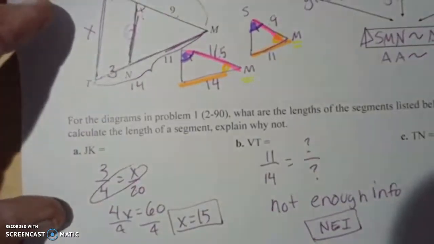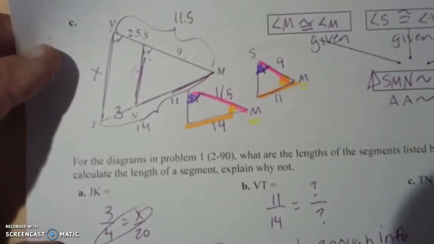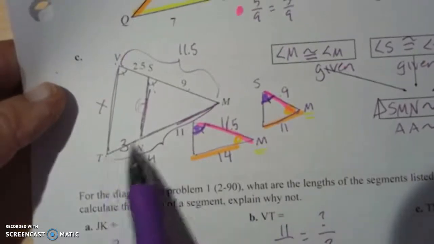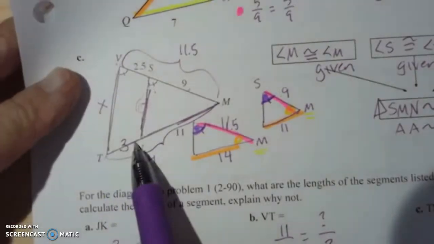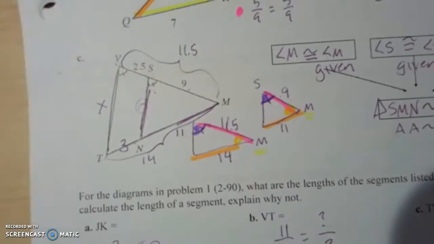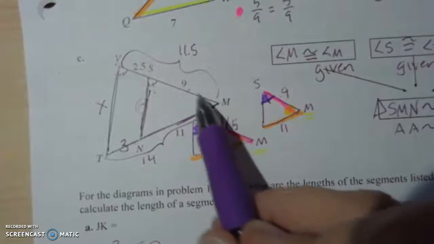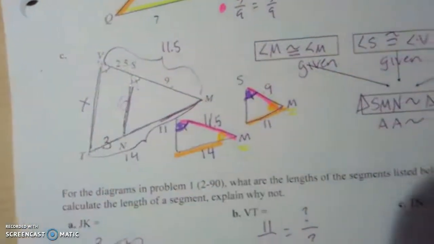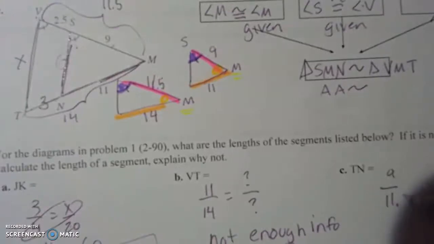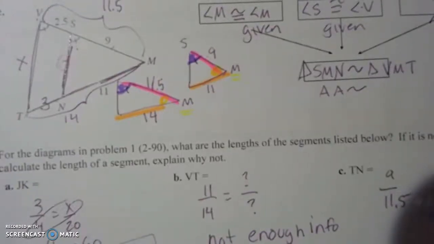But for our next one, we do have enough information. We want to know what TN is. I already said that it was 3. If I do 9 over 11.5, let's just see if it really is 3. How am I getting this ratio?